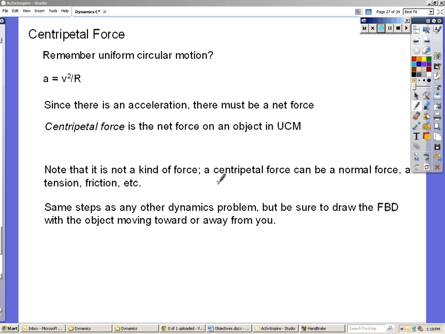And we found that because of that there's an acceleration. That acceleration's magnitude is given by v squared over r, where v is the speed and r is the radius of the circle. So here's our circular path, there's the speed, there's the radius r. The acceleration is directed toward the center of the circle.